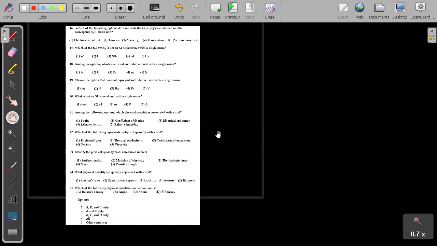Even on a laptop, there are some options to enlarge the screen. If I enlarge this from here, you can't see all the questions. That's why I am not enlarging it any further.